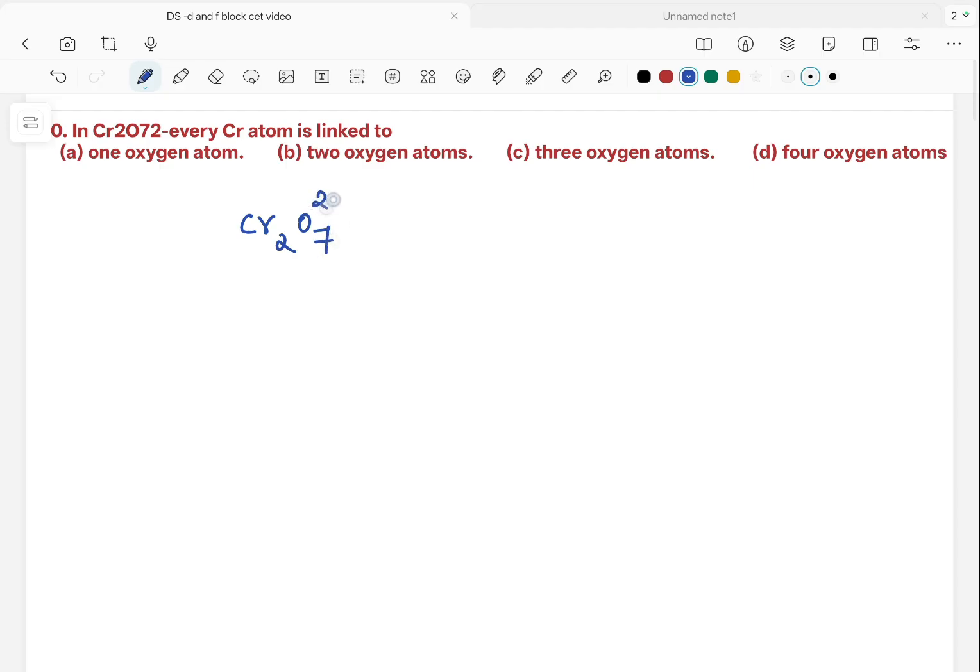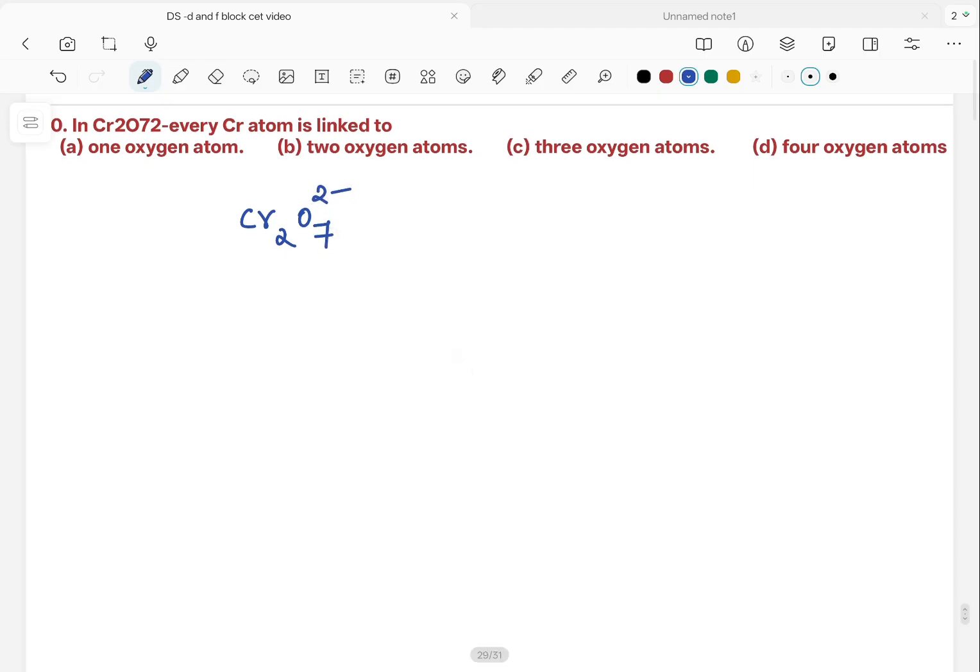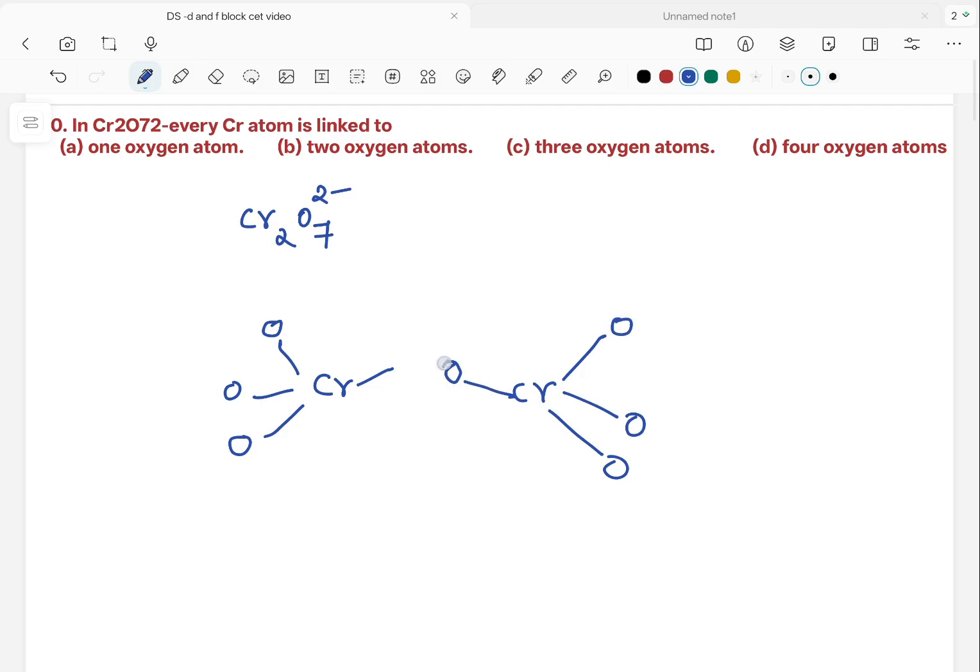Dichromate ion will have 2 tetrahedra which are linked to each other by a bridge bond like this. This is one tetrahedron of one chromium ion where it binds to oxygen atoms this way, and here also one tetrahedron where the chromium will link with oxygen atoms this way.